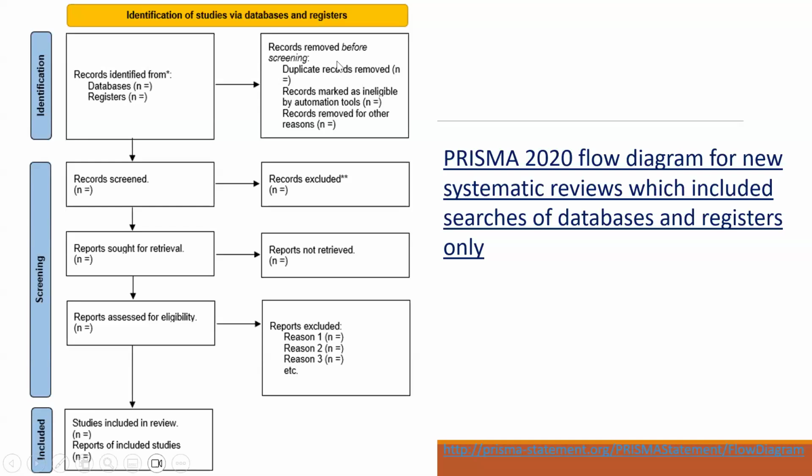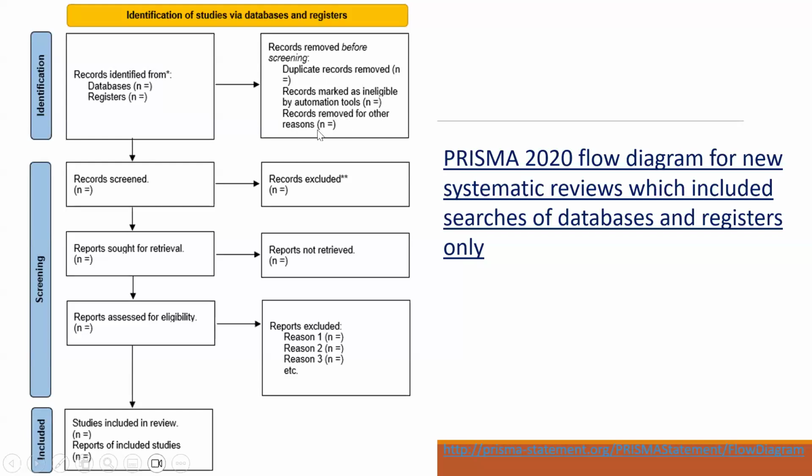Then records removed before screening. Before screening studies, you have to remove the duplicate records from your review. After removing duplicates only, you will start the title, abstract and full text screening. Here you have to mention records marked as ineligible by automation tools. Suppose you are using Rayyan, if it shows this study is not relevant, or it is shown as ineligible, in that case you can mention the numbers, how many studies it indicated.